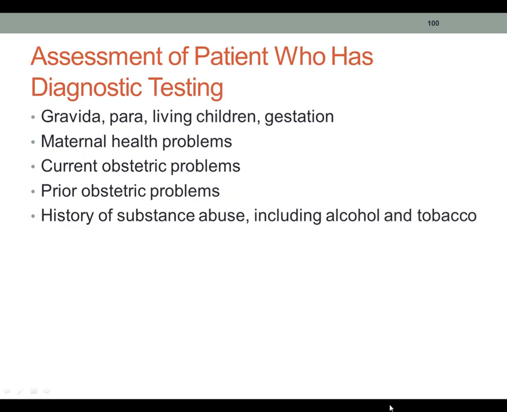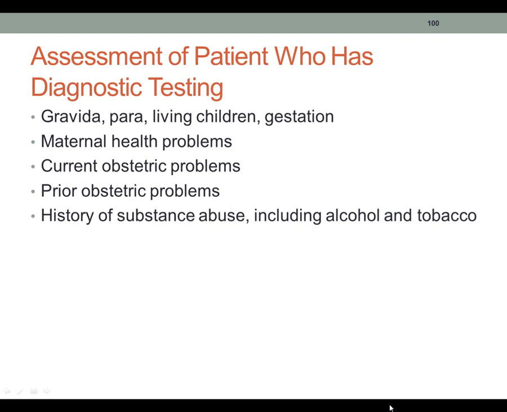Okay, so of course, if we're going to be doing diagnostic testing on pregnant women, we've got to know those things like how many times have they been pregnant, how many living children do they have, in comparison with how many times they've been pregnant, at what gestational age were all of their live children born. Does mom have other healthcare problems?